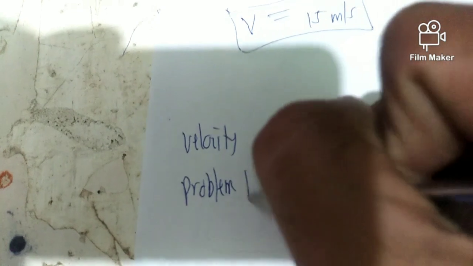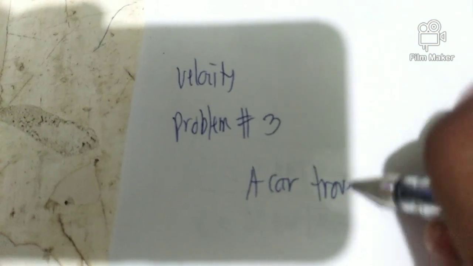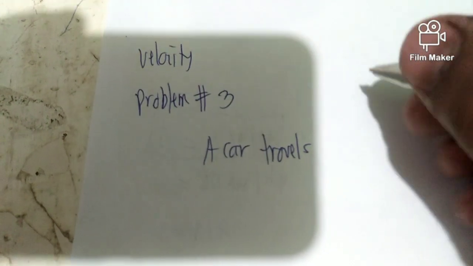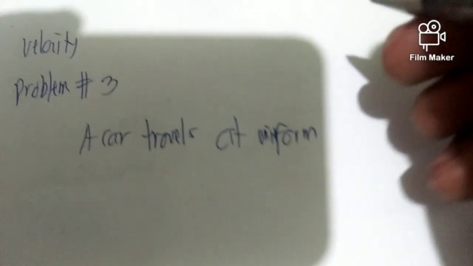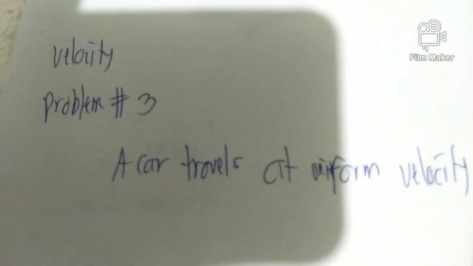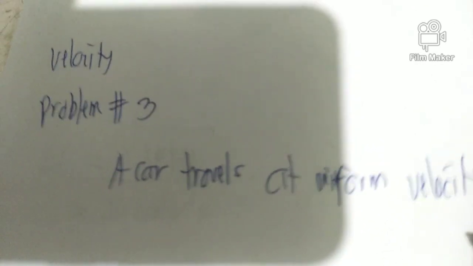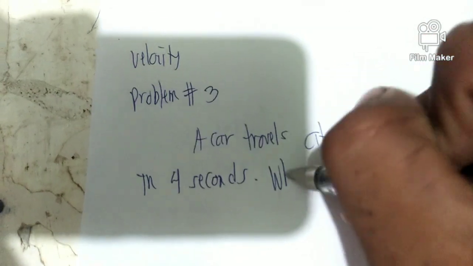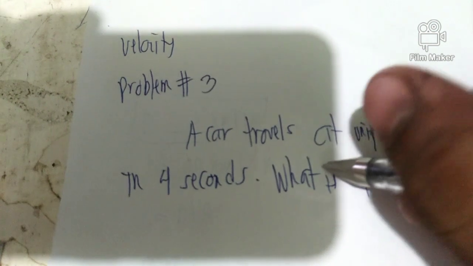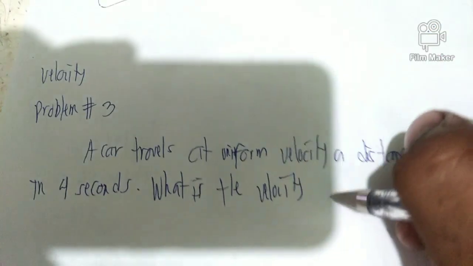Velocity problem number 3. A car travels at uniform velocity a distance of 100 meters in 4 seconds. What is the velocity of the car?